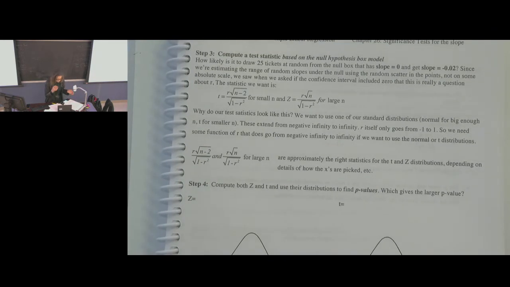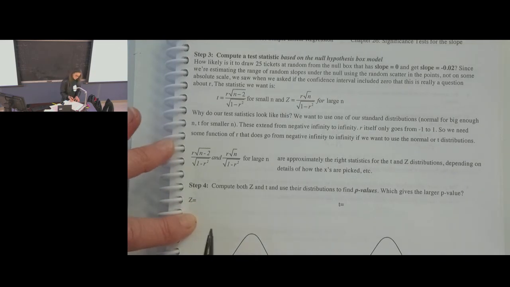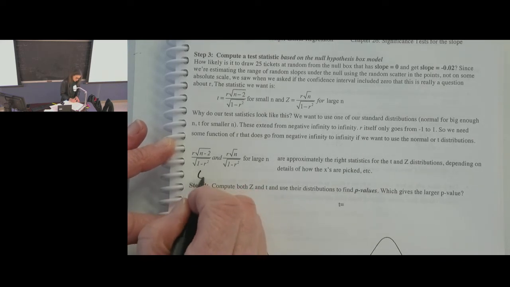All right, so let's do it. Compute z and t. Well, they're given to you right here. Here is z, this is t, and that's z.